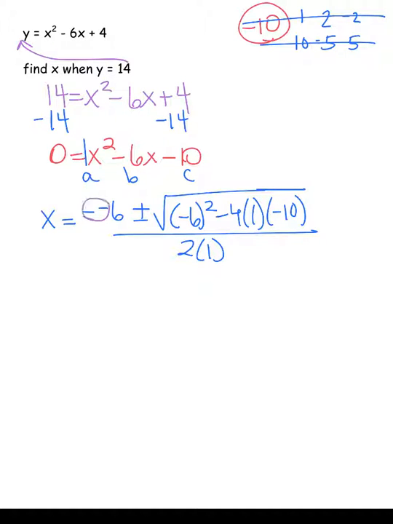Okay, so x equals positive 6. First thing, tidied up, there we go. 2 times 1 is a 2.